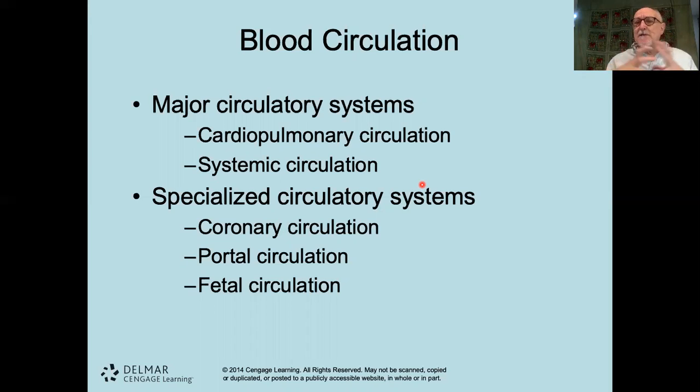What distinguishes them is they're kind of self-contained circulatory systems. The first we'll talk about is the coronary circulation. How is the heart itself, this very, very active muscle, supplied continually with sufficient oxygen, etc., etc.? It's supplied by its own coronary circulatory system.